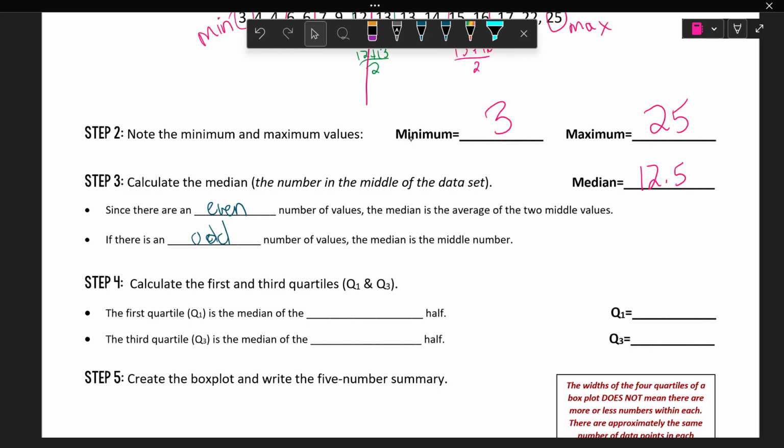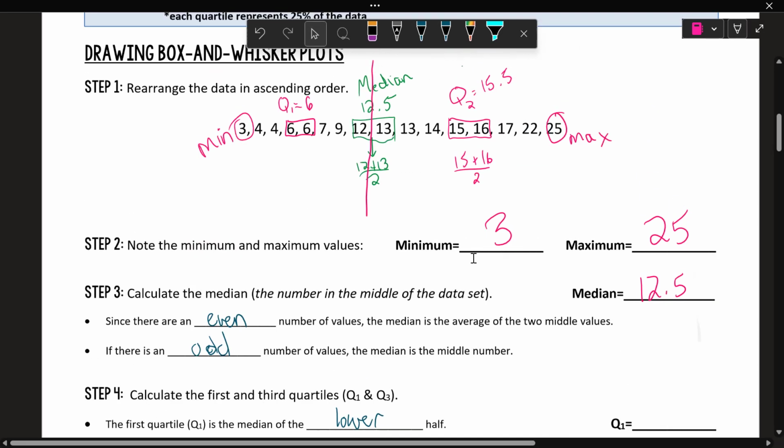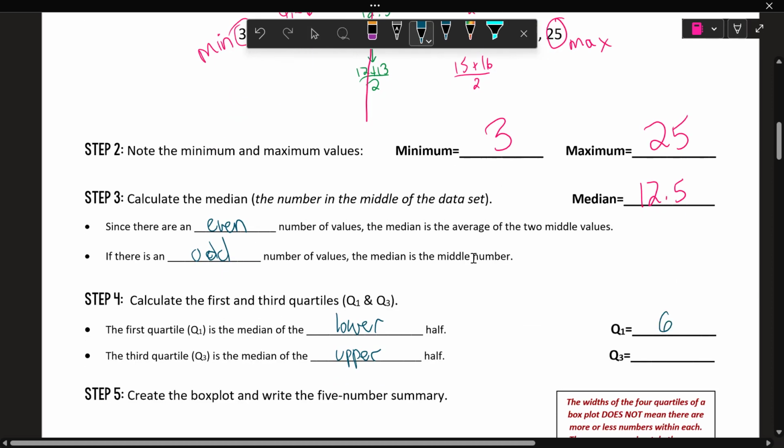The first quartile is the median of the lower half or the first half. And the third quartile is the median of the upper half or the second half. So in this one, we had 6 and 15.5.